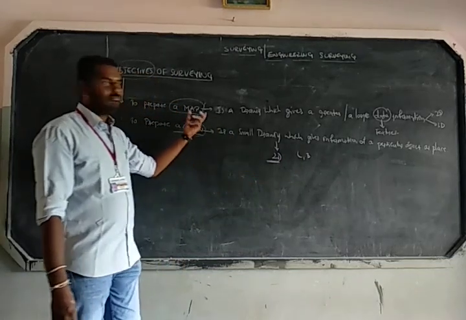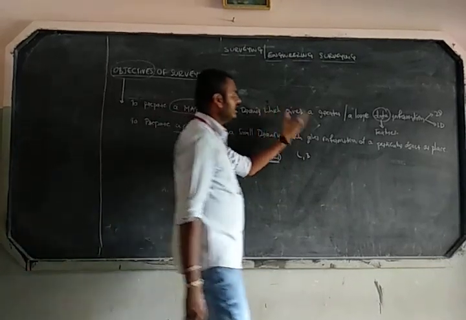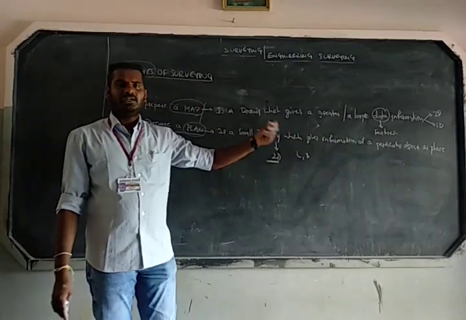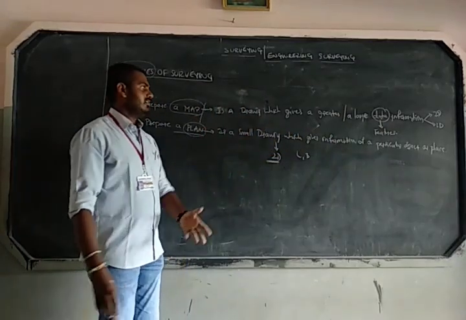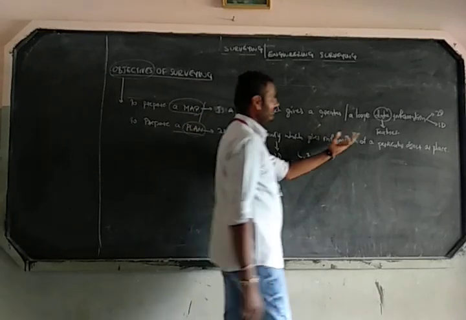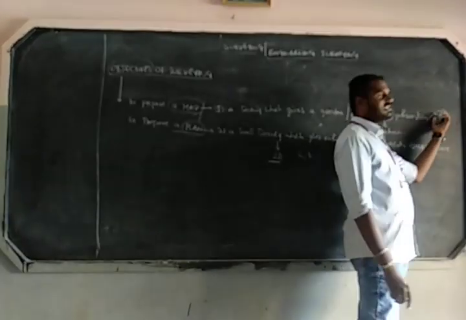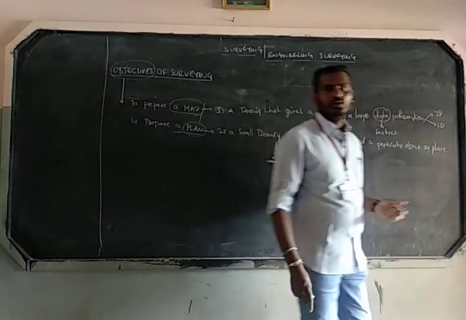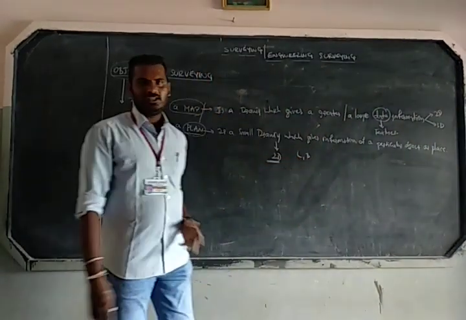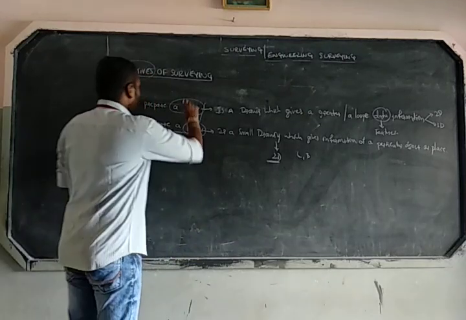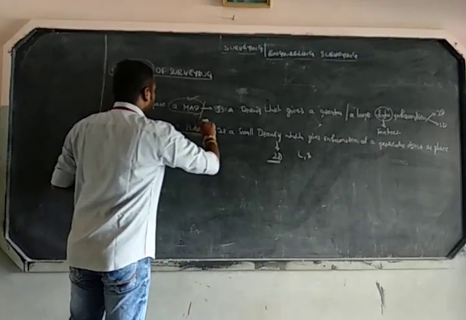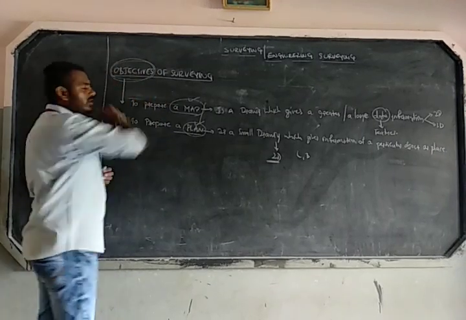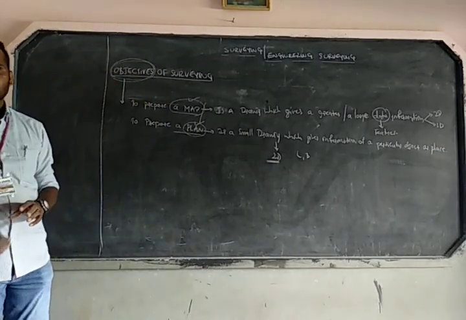But a map will give information on many features like highways, buildings, roads, everything. If you want it in two-dimensional you will get it in two-dimensional, and if you want three-dimensional you can also get that. So preparing maps and plans are the primary and important objectives of surveying.